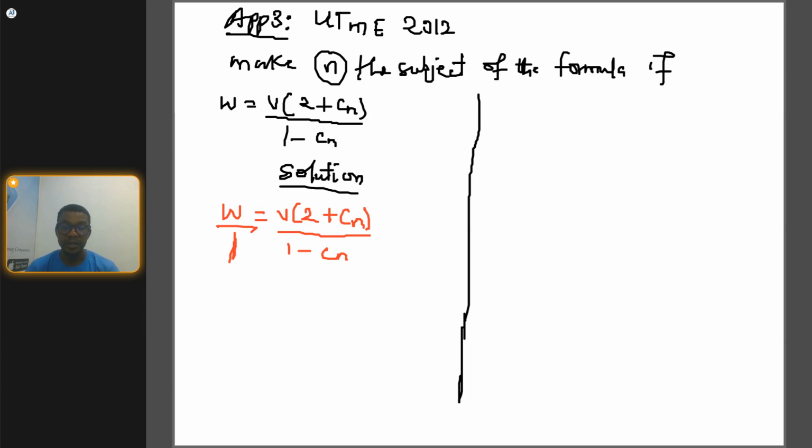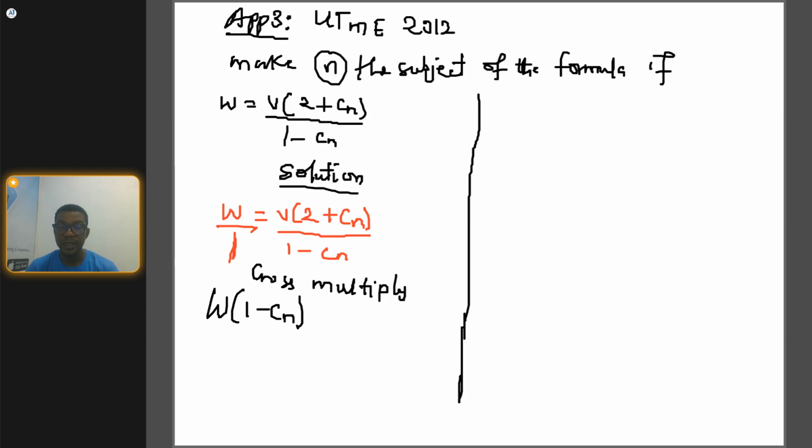Is that taken? So let me change my ink and proceed. If I cross multiply, I will have W, open bracket, 1 minus Cn. Jane, I believe you can see the board now. Is it okay from your own hand?